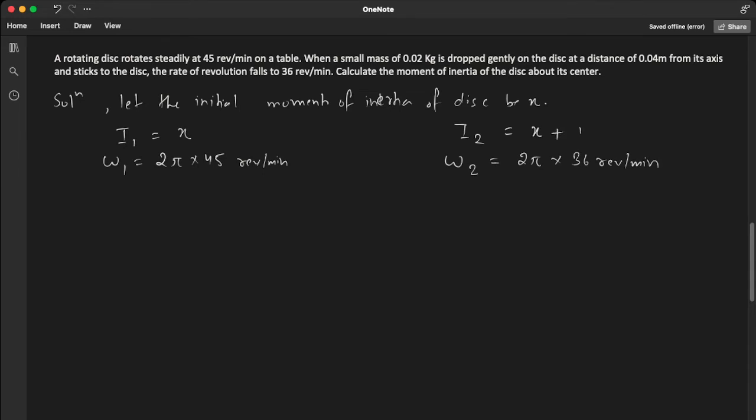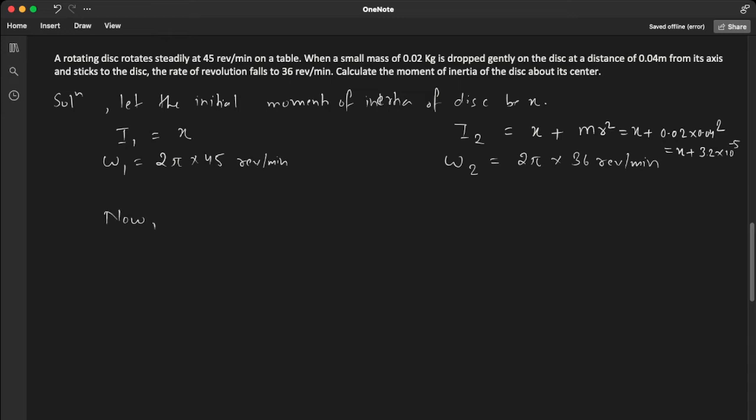It will increase by the amount m r square. This is equal to x plus 0.02 into 0.04 square. This comes to be x plus 3.2 into 10 power minus 5.